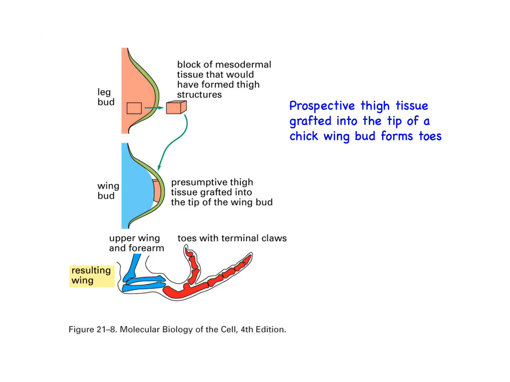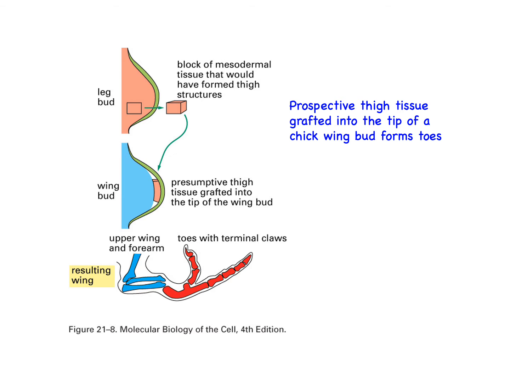So an example of cell determination is shown in this diagram in another model system, in this case the chick. In this example, tissue from the leg bud, and that's just a sac of cells showing no morphological development into a leg, but these are cells that are going to develop into a leg.